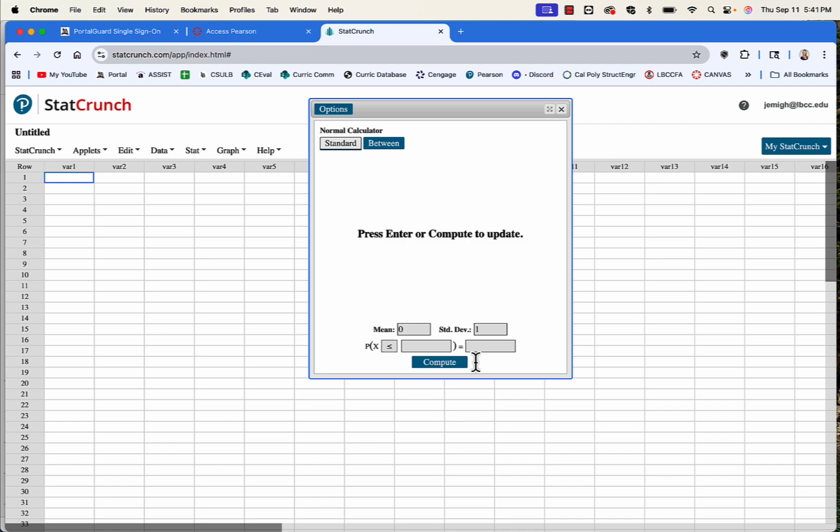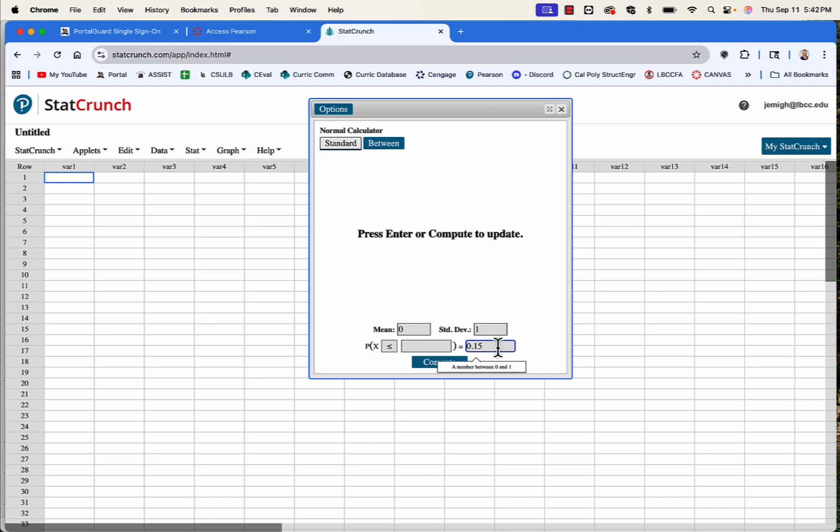Input the provided portion after the equal sign, but I also want to make sure my inequality is right. After the equal sign, I'll put the lowest 15%, and I want to make sure my inequality is less than, because lowest. Okay, this is how you want to have it set up. Make sure you delete both of those first.